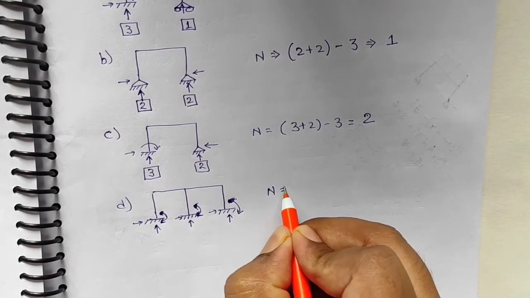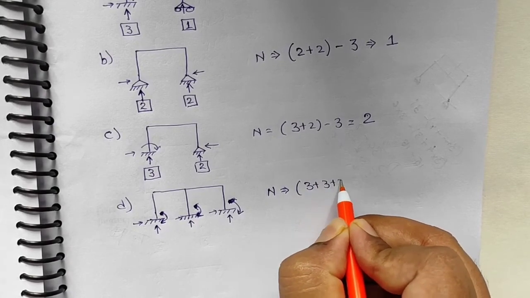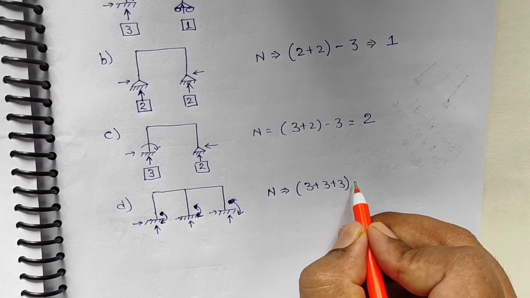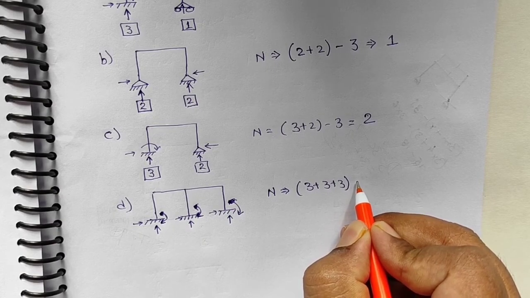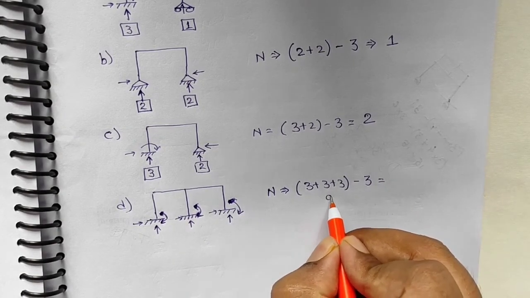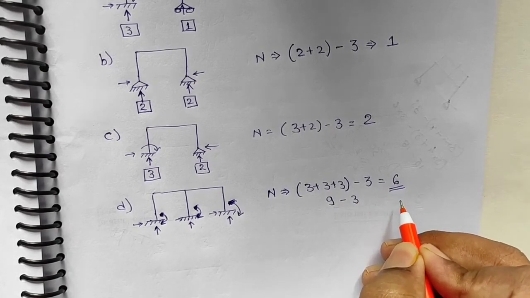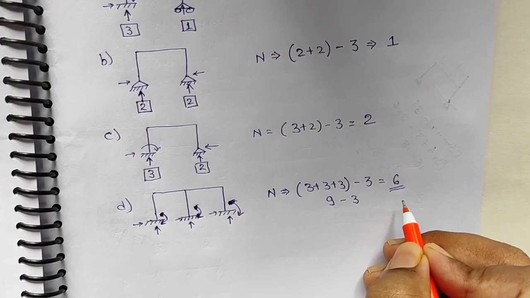Then my degree of indeterminacy will be the sum of all three fixed end supports minus my equilibrium equations. So here this will be 9 minus 3, that is equal to 6. For such frames the degree of indeterminacy will be 6.